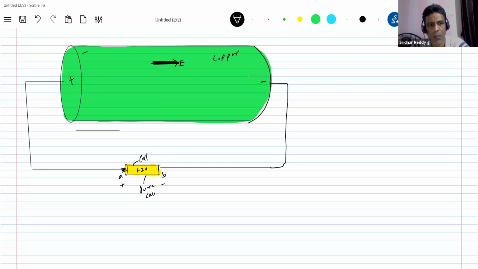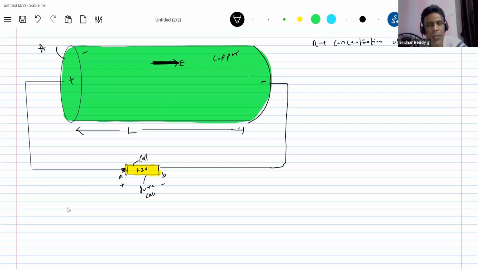Let L be the length of the conductor and let A be the area of cross section of it. We'll define a few quantities. Let eta be the concentration of free electrons.